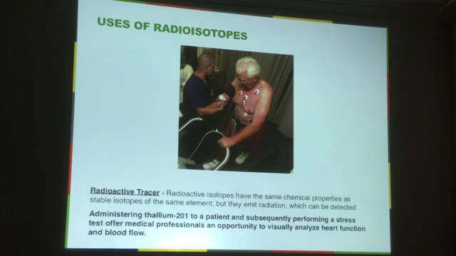However, if there's an area of their heart that's not perfused properly, then the thallium doesn't reach that part of the heart. It reaches the rest of the heart, and so there's an area that is deficient of thallium, and it'll show up on the picture as a picture of the heart with a piece missing.